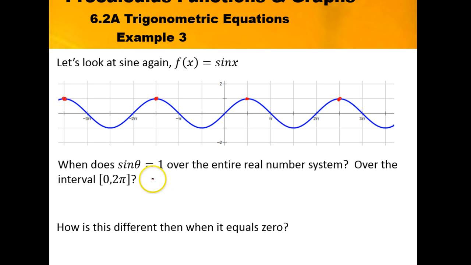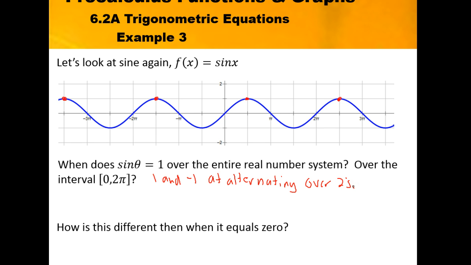So it's 1 and negative 1 at alternating pi over 2's.